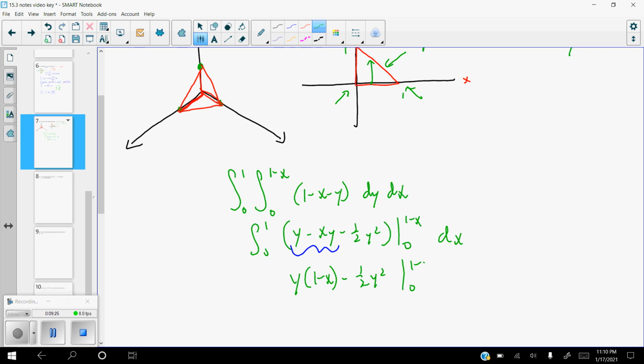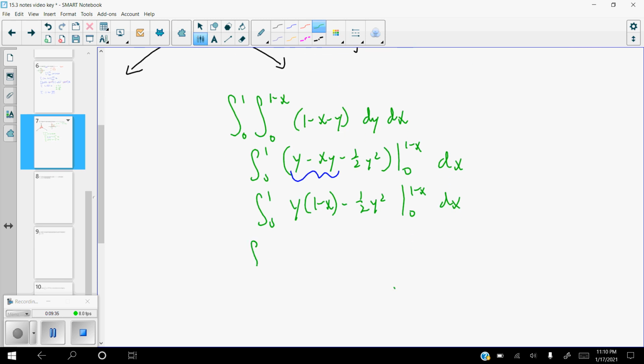Why, might you ask, am I doing that? Well, take a look at what your bound is on top. Your top bound is a 1 minus x. So watch what happens here. This is kind of cool. So if I plug in 1 minus x for y into this y right here, I get 1 minus x times 1 minus x, which is 1 minus x squared.